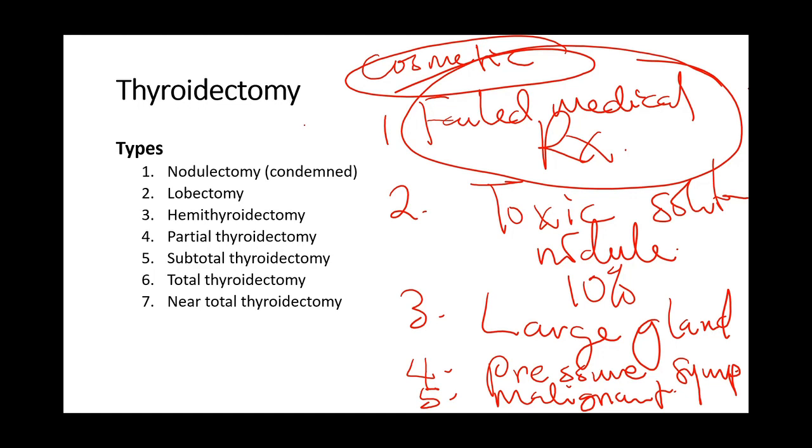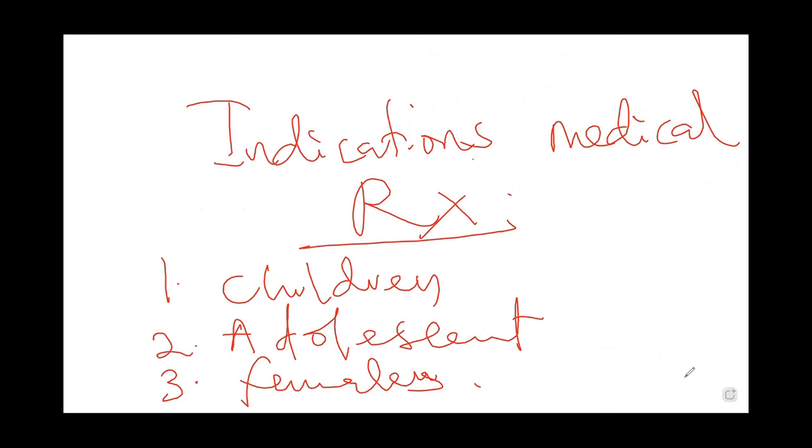Okay, let us see the various types of surgery that are done for thyroidectomy. Let's start with a lobectomy, okay? When you say lobectomy, what does it mean to do a lobectomy?